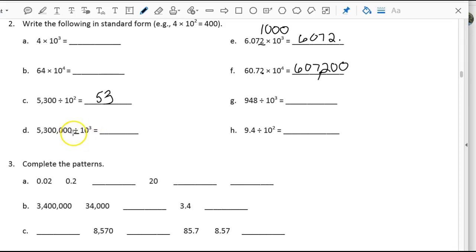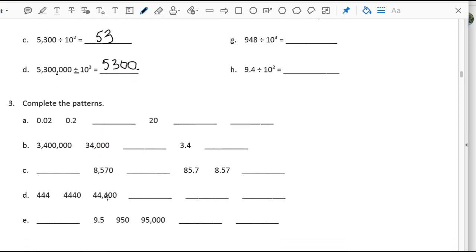So that means if the decimal's here, this is going to become a decimal place. So is this one. So is this one. So the decimal will end up here in order to make it so that it has lost 3 place values. So 5, 3, 0, 0. That's now the ones place. You can put your decimal there if you want to.